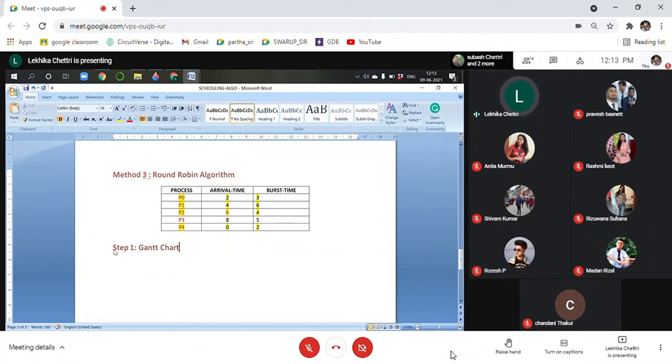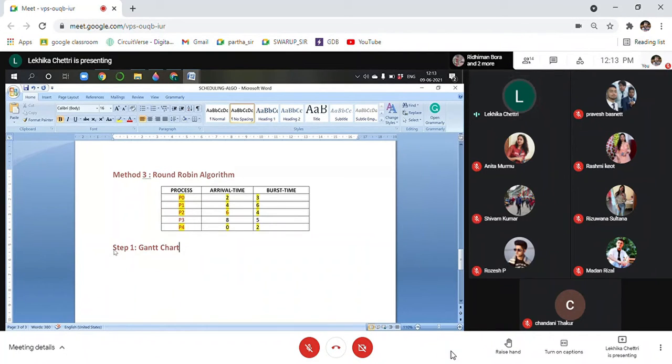If the quantum value is 2 and your process needs 10 units of CPU time, we will be performing 5 swap in, swap out. The 5 representations will be there in the Gantt chart. So in round robin, you will get a very lengthy Gantt chart.